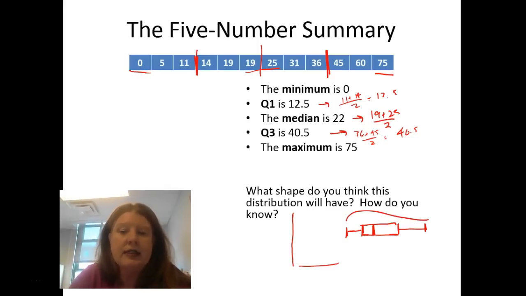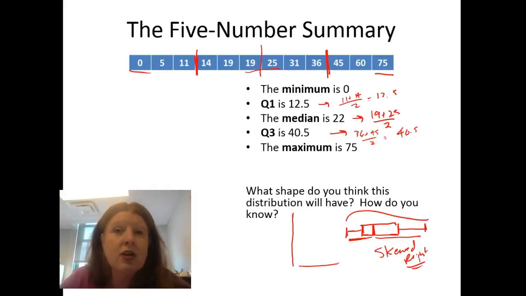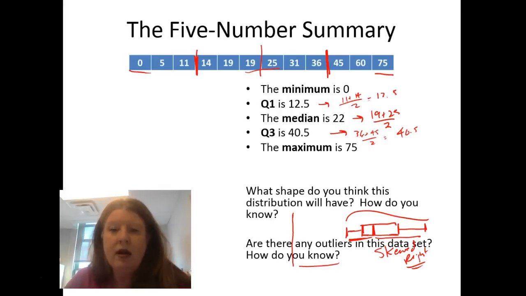There's that long tail going out toward our larger values. Half of the data is scrunched down here, and then the rest is spread out toward those larger values. So skewed right. Hopefully all of this made sense, but again, I would definitely draw the picture, try to lay it out, and that hopefully will help you see what I'm talking about.